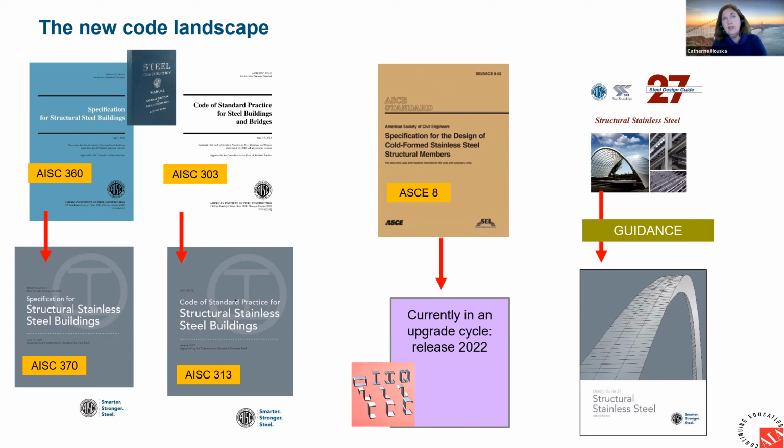There's also been a lot of work on revision of ASCE 8. This was the first structural stainless steel specification in the entire world, developed as the direct result of that research done to justify the Gateway Arch.